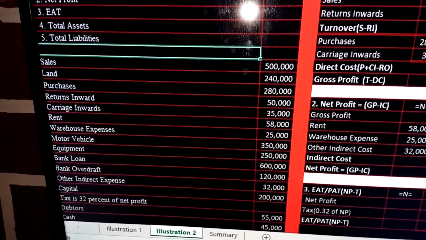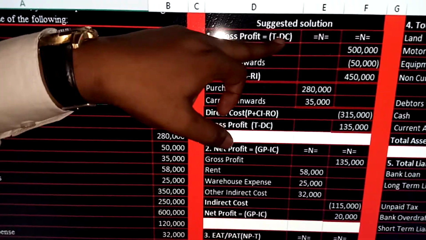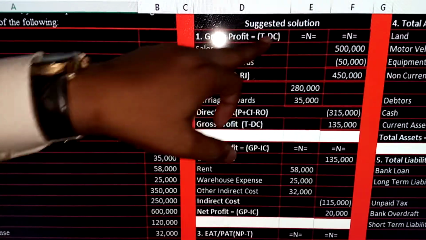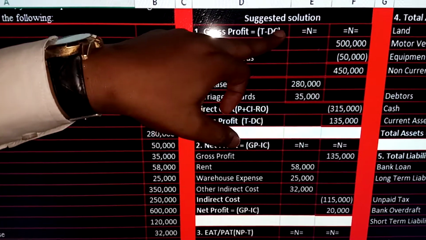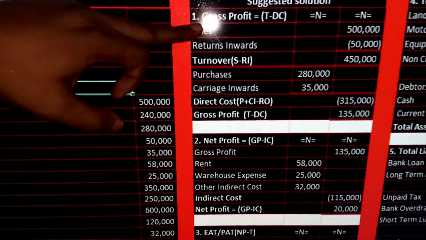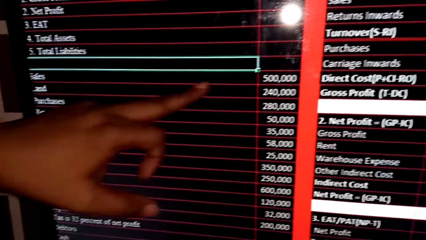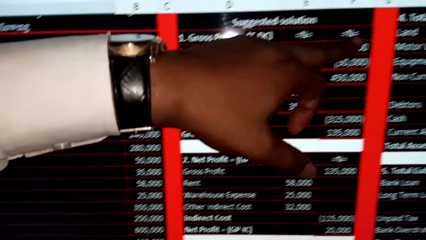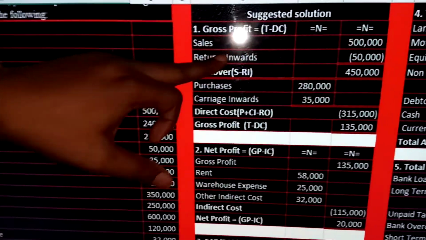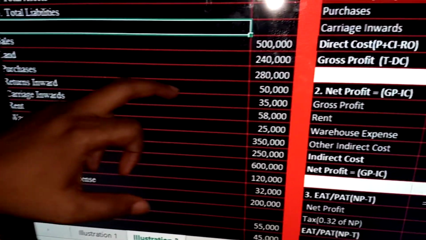So gross profit is what? Turnover minus direct cost, T minus DC. So what's the makeup of your turnover? Sales and returns inward. What's your sales here from the question? 500,000. What's your returns inward from the question? The returns inward here is 50,000.